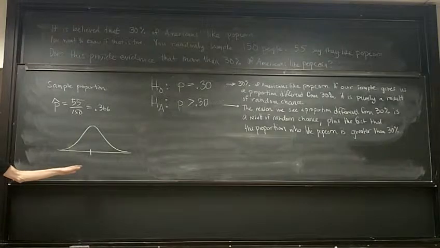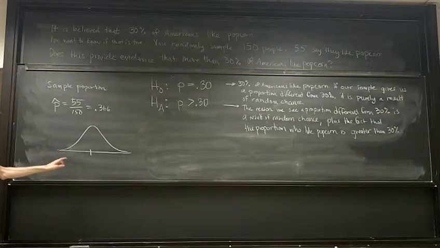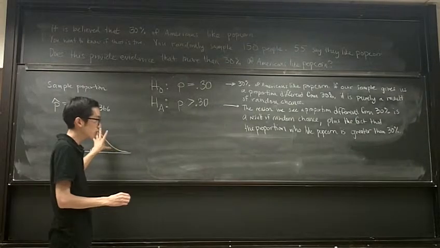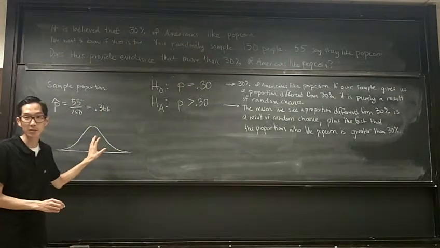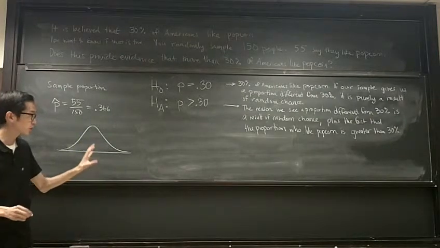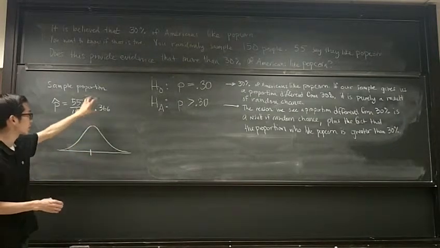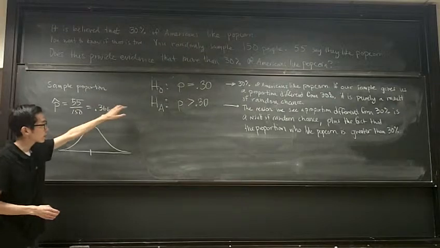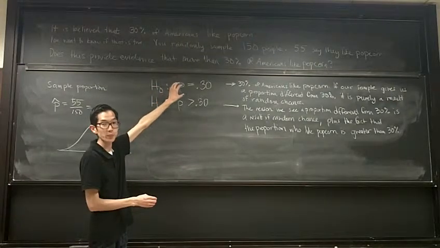What goes in the middle of my distribution? 0.366, or 0.30? 0.30, because this is the distribution if the null hypothesis were true. We're asking what's the p-value, what's the probability of observing this if the null hypothesis were true?